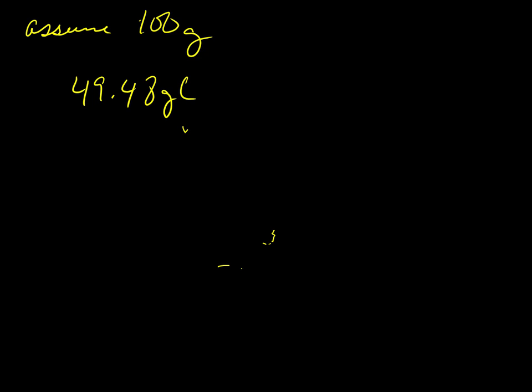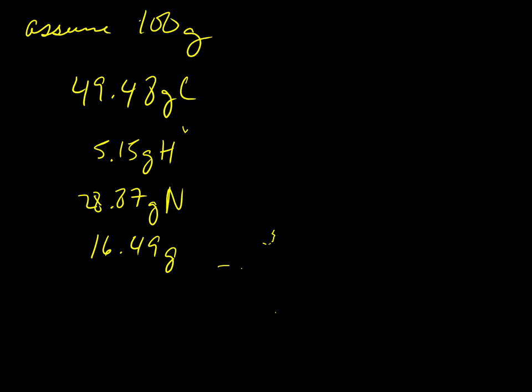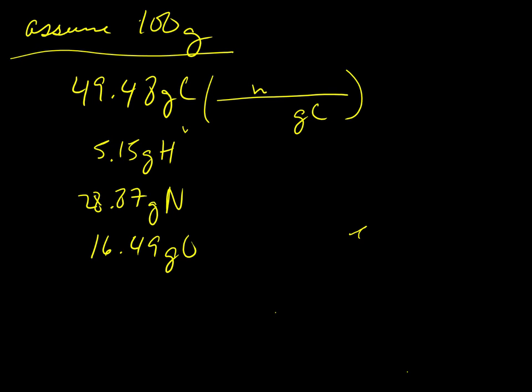If I assume 100 grams, then I can say I'd have 49.48 grams of carbon, 5.15 grams of hydrogen, 28.87 grams of nitrogen, and 16.49 grams of oxygen. So I take the percents, turn them into grams, because I assumed 100 grams. Then I take the grams and change them into moles.